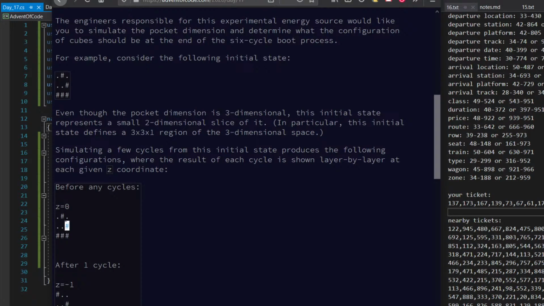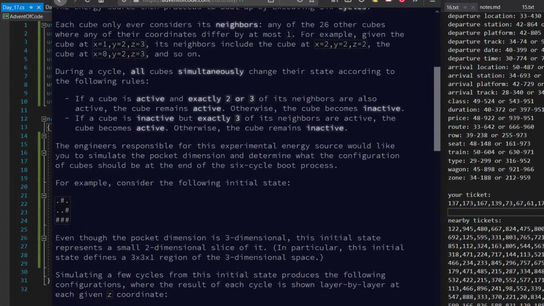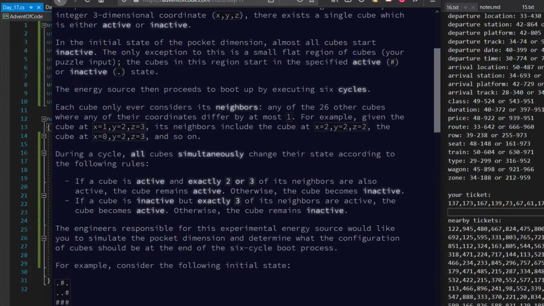No, that wouldn't be a neighbor, because this should be 2 away. Each cube only ever considers its neighbors: any of the 26 other cubes where any of their coordinates differ by at most 1.